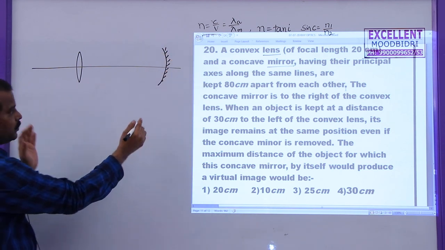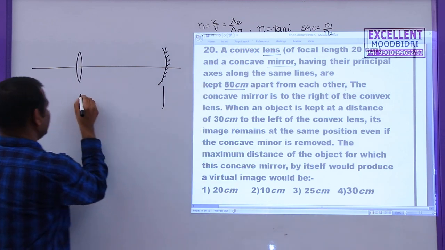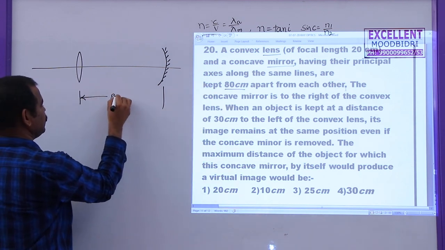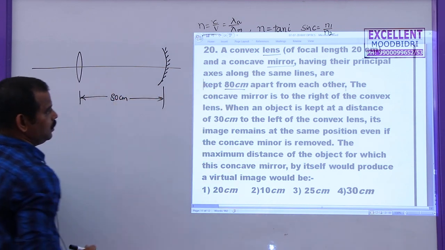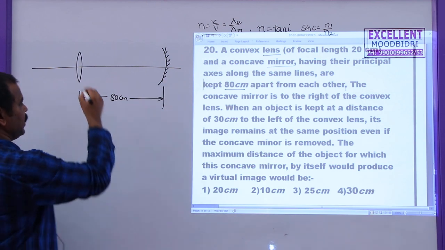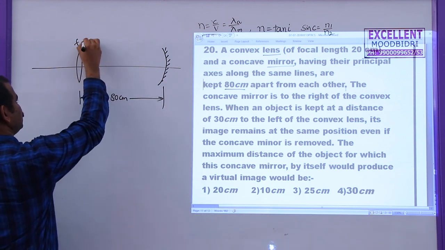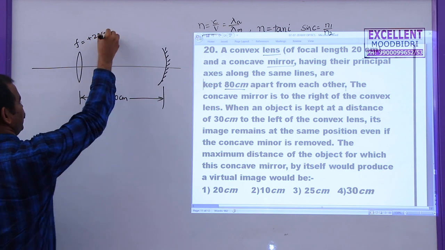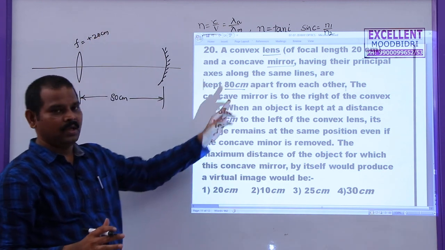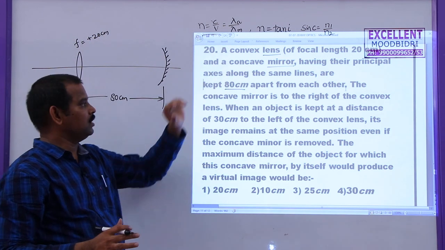What is the distance between these two? The distance between these two is 80 centimeters. And the focal length of the convex lens is given as 20. F is equal to plus 20. Remember, for a convex lens the focal length is always positive and the power is also positive.